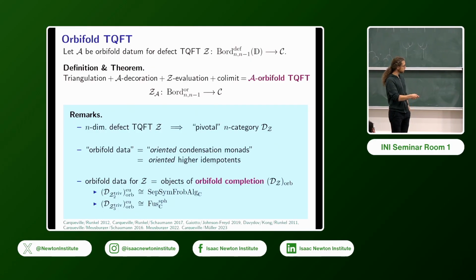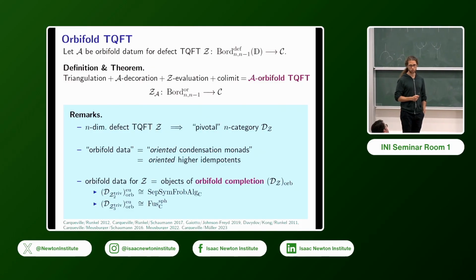And this goes on in dimension 3. One gets something, if one starts with a trivial theory, where you have spherical fusion categories as objects, bimodule categories with traces as one-morphisms, bimodule functors that are compatible with them as two-morphisms, and appropriate natural transformations as three-morphisms.